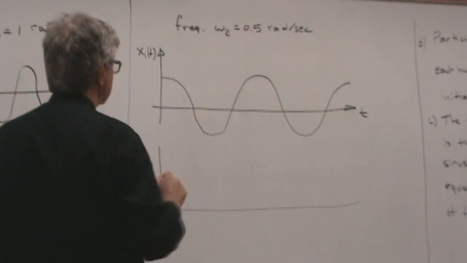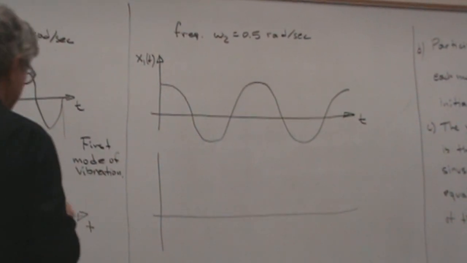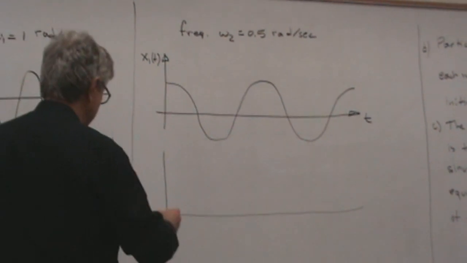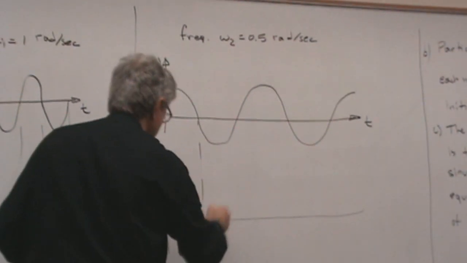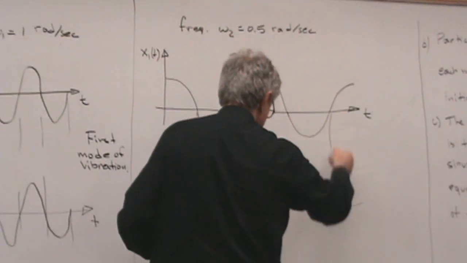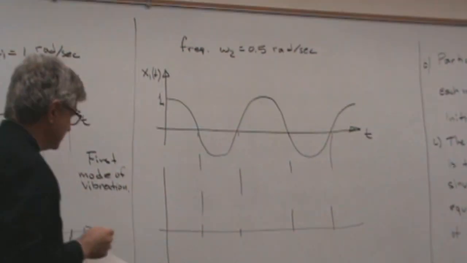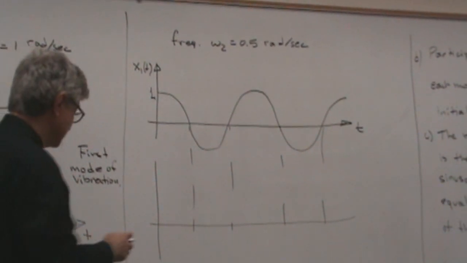Now, because the two displacements are opposite, when the first mass has displacement +1, the second has -1.